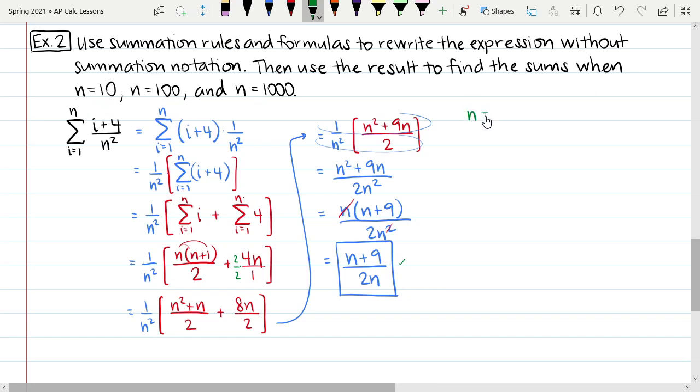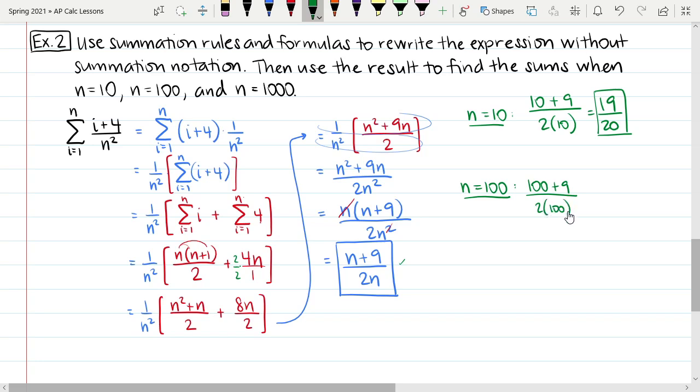Okay, so when n equals 10, that means we're going to have 10 plus 9 over 2 times 10. That's going to be 19 over 20. We're just going to leave it as 19 over 20 for now. You don't need to change that to a decimal. When n is 100, same thing. So now instead of an n, we're putting in 100 plus 9 over 2 times 100.